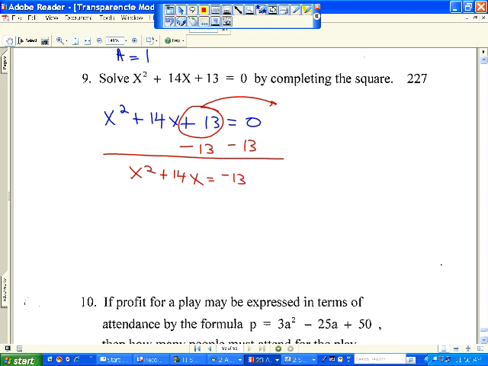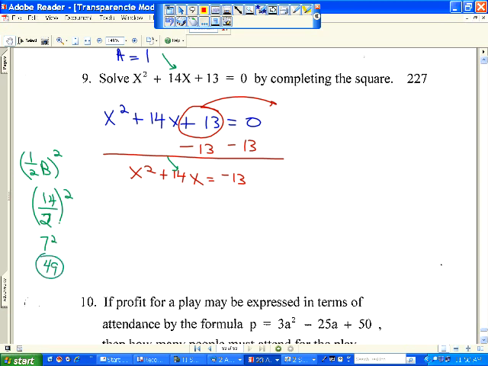The next step says to take 1/2 of b and square it. My b was the 14. And so we're going to take 1/2 of 14 and square it, which is 7 squared, which is 49.